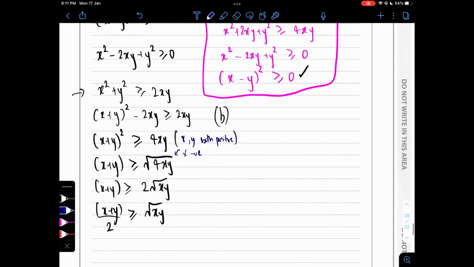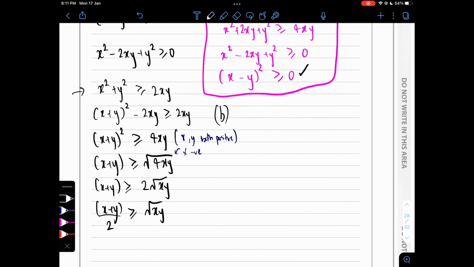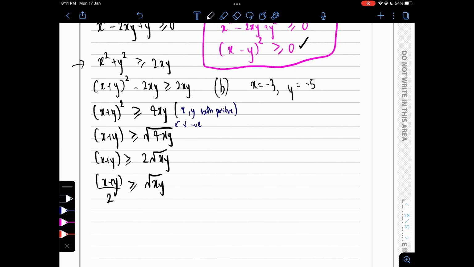So part B says, let's just use any two negative values. Let's say x equals -3 and y equals -5. So this should work in theory. (-3 + -5)/2 should be greater than √(xy), which is √(-3 × -5).